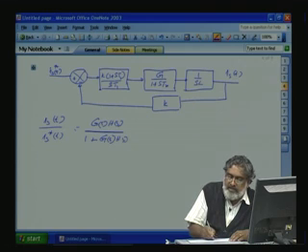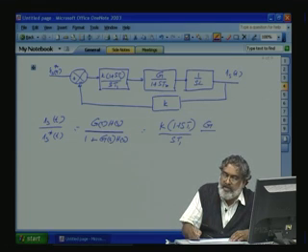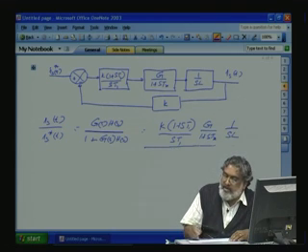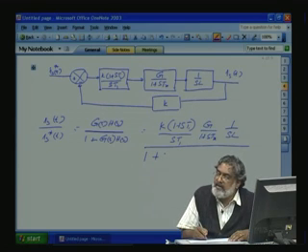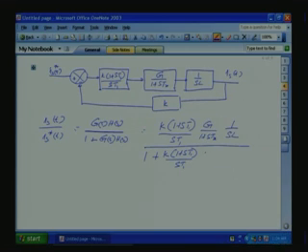If you do, it will be equal to K into (1 plus ST1) by ST1, into G by (1 plus S TR), into 1 by SL, divided by 1 plus K into (1 plus ST1) divided by ST1, into G by (1 plus S TR), and Ki by SL.